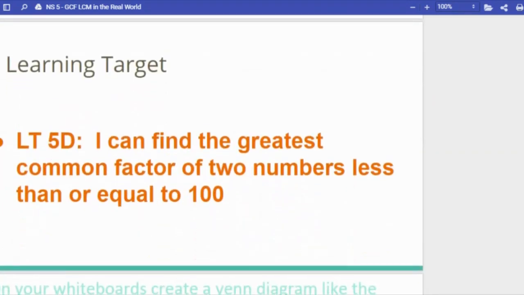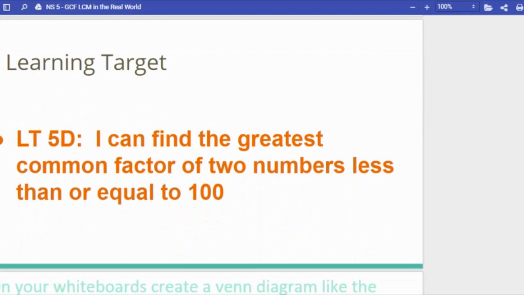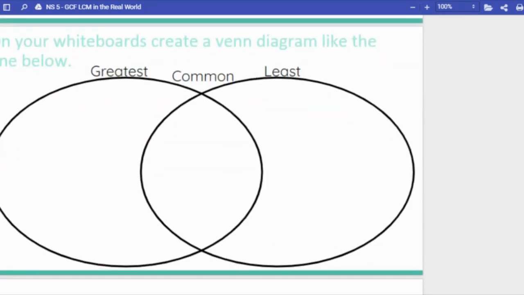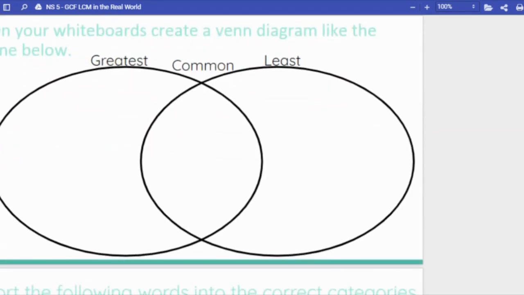So our learning target is I can find the greatest common factor of two numbers less than or equal to 100. Now, this learning target just says greatest common factor, but today we're also going to be dealing with least common multiple. So right here we have a Venn diagram.